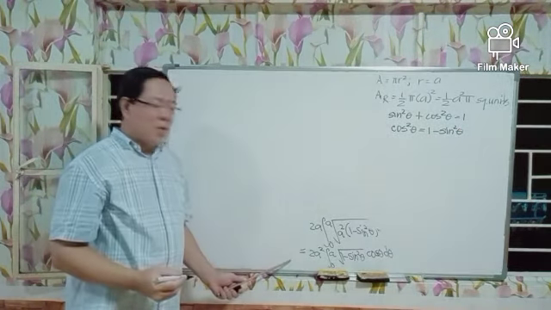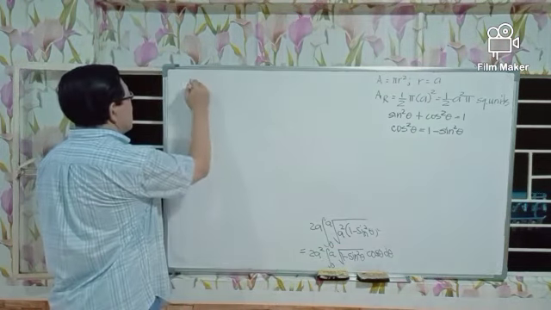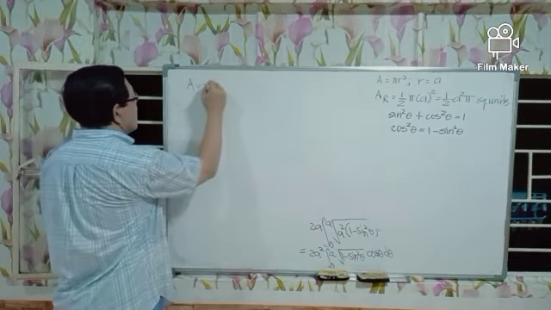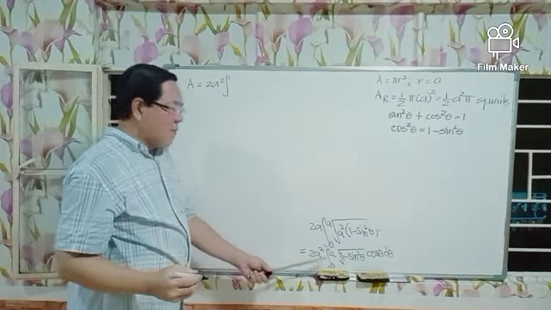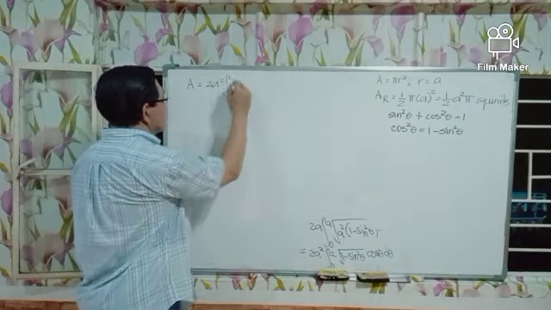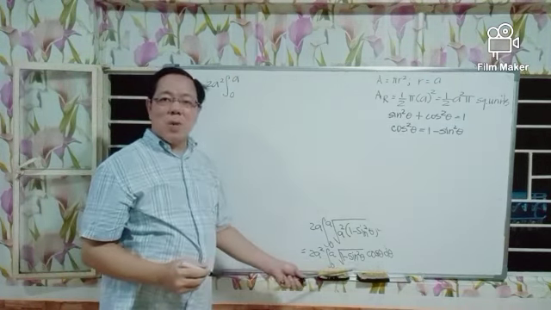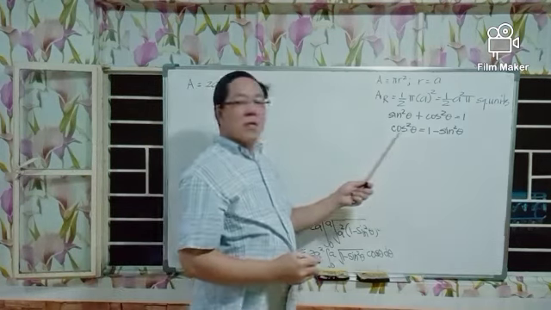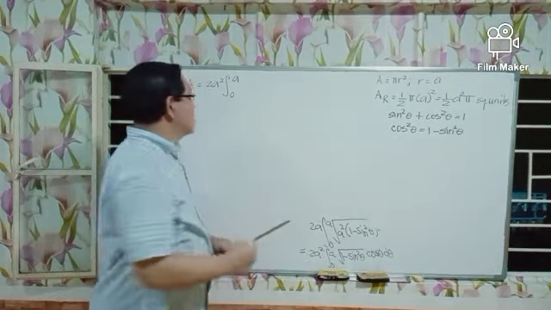And the area now of the region becomes 2a squared times the integral from 0 to a of the square root of, we now replace 1 minus sine squared theta with cosine squared theta. Square root of cosine squared theta.